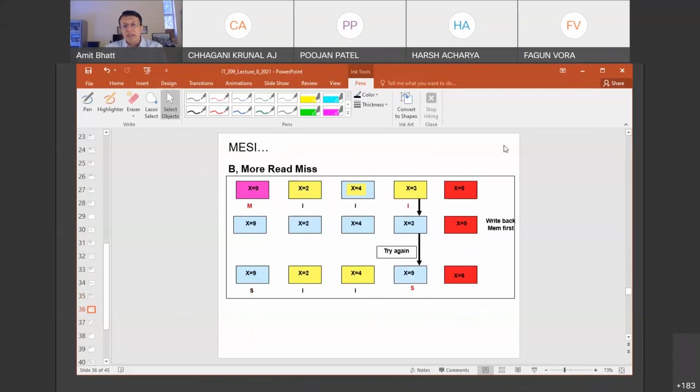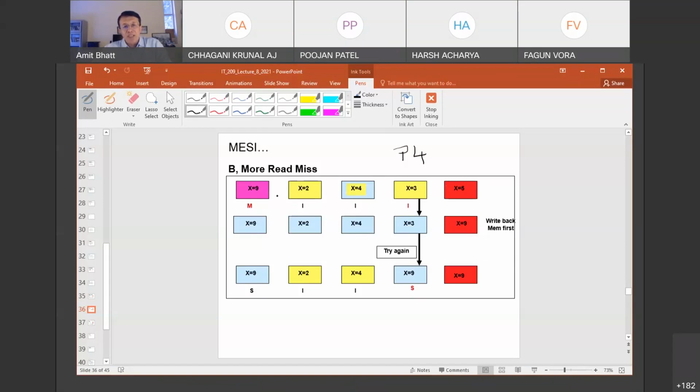In this example, again, my P4 processor wants to read this value. This value has got an invalid flag, so it is no longer valid. It can't even go to main memory. Why?